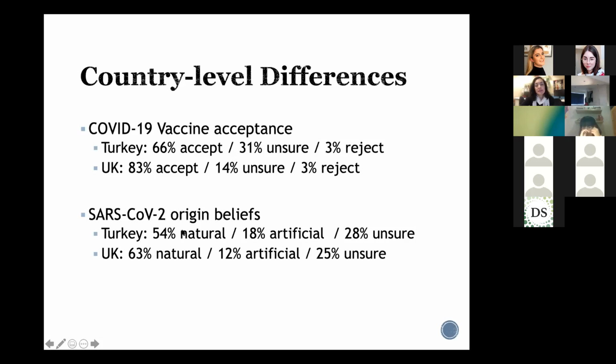And similarly, the proportion of participants who believed in the natural origin of the virus was lower in Turkey. So this suggests that conspiratorial views are higher among Turkish participants.